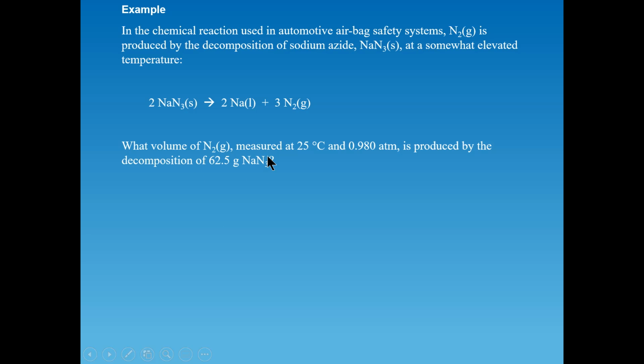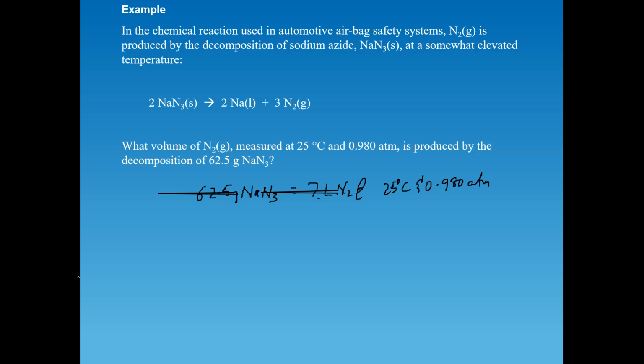So basically, I can summarize the question this way. You're given 62.5 grams of sodium azide, and you're asked to determine the volume in liters of nitrogen at 25 degrees Celsius and 0.980 atmospheres.